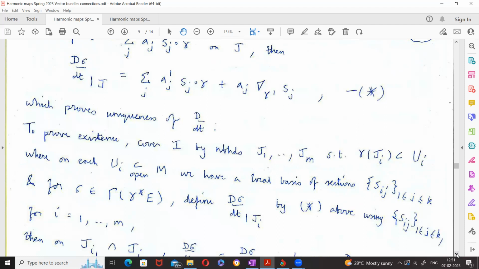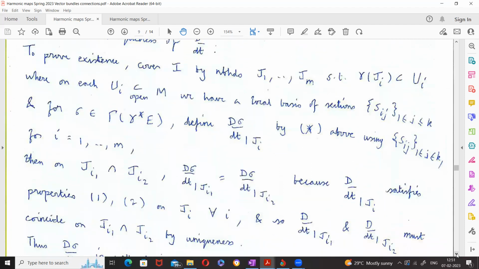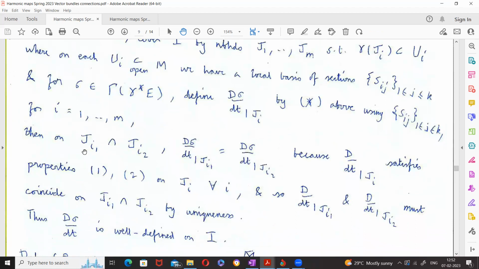Now you have to check that this is well defined on the overlap. Well, if I take two such intervals Ji1 and Ji2, then d sigma dt on Ji1 has to equal d sigma dt on Ji2. Why? Because the way we've defined D dt on Ji, it satisfies the properties 1 and 2 on Ji, right? Therefore, by uniqueness, D dt on Ji1 and D dt on Ji2 must coincide.